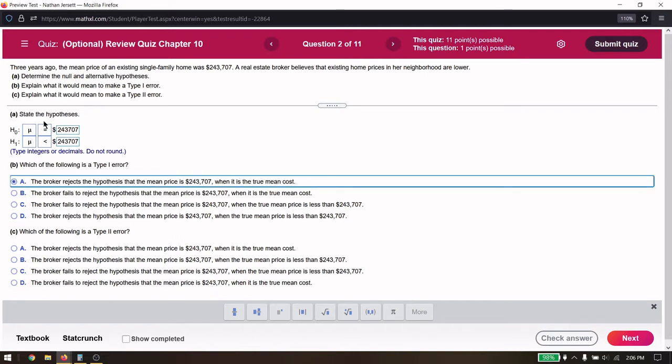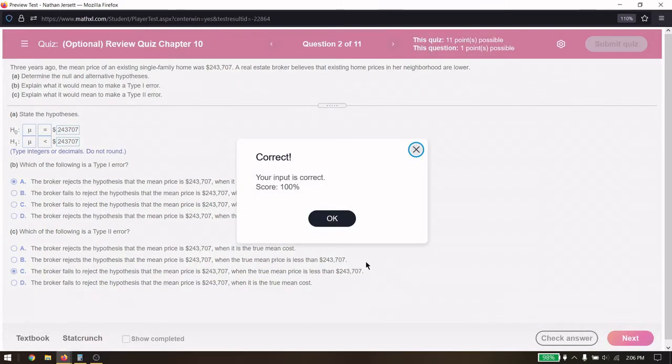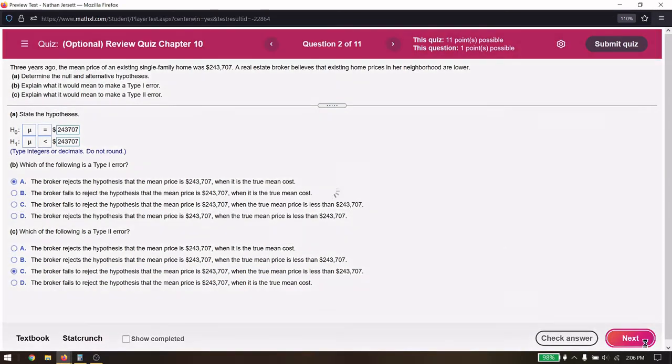So we're rejecting this even though it's true. That's type 1 error. Then type 2 is where we do not reject, or fail to reject, C or D, when the alternative is actually true, when it is less than 243,707. So that is type 2 error. That's correct.